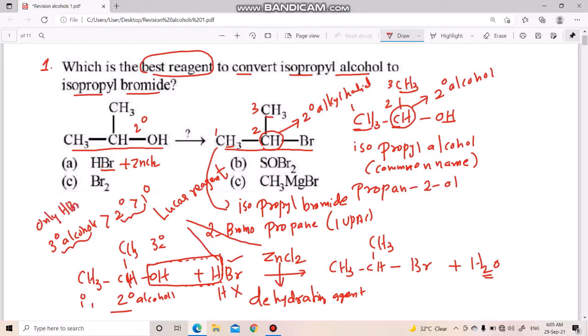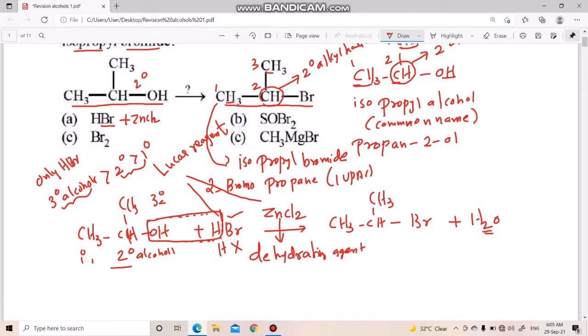Simple shaking with HBr makes the product. What is the reason? Tertiary alcohol is more reactive than secondary or primary. Clear? Please note down here only HBr is given, so for secondary alcohol, HBr alone is not a good reagent.